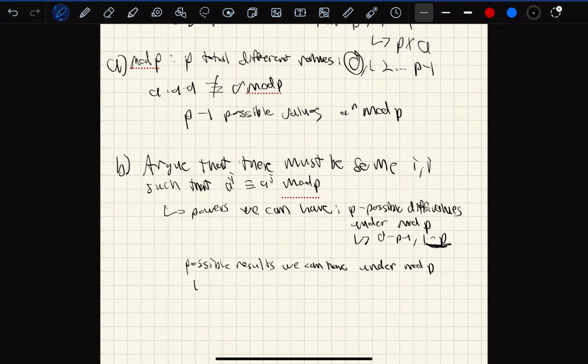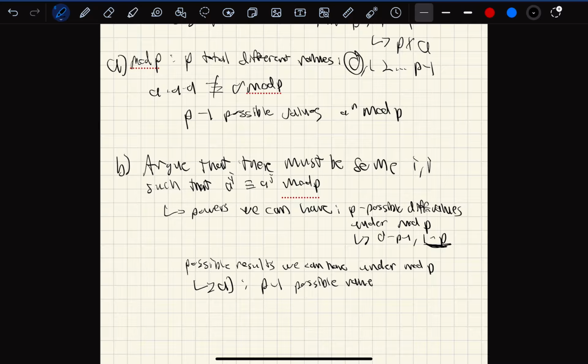And this is going to be using part A. We can only have p minus 1 possible values. So we can see that we have p possible values of powers and p minus 1 possible values for the results, right? The intuition here is that we are going to think of the pigeonhole principle.